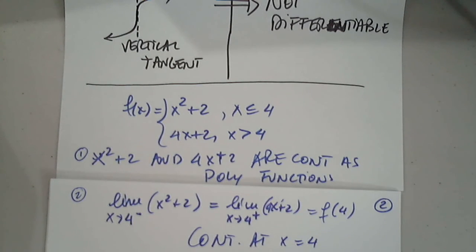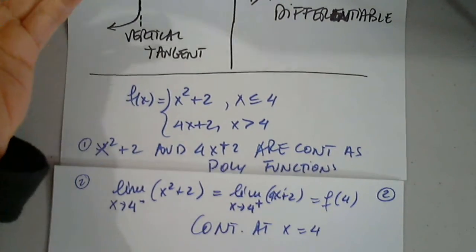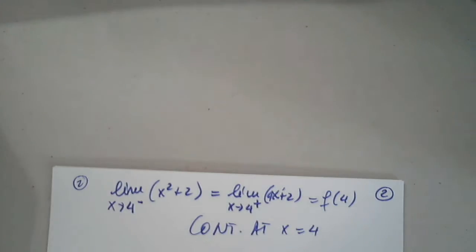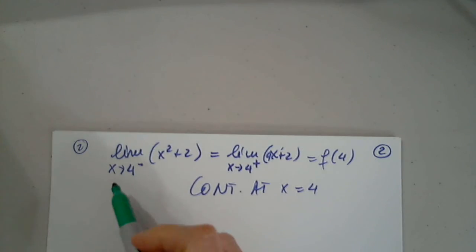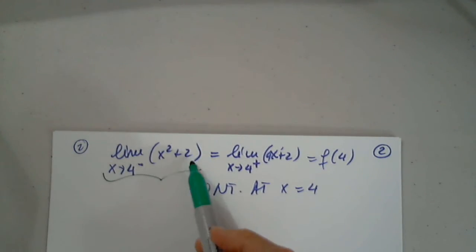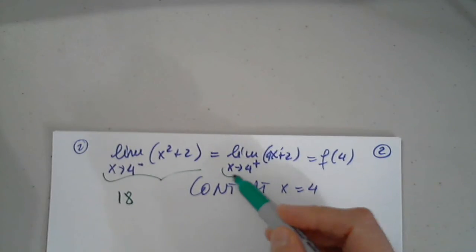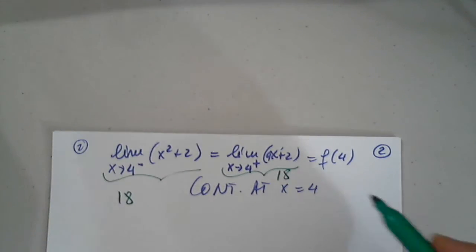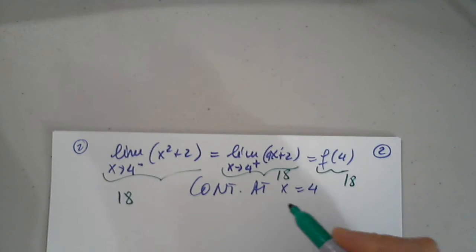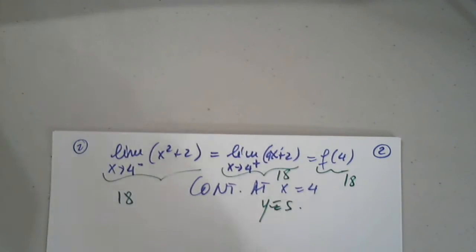Is that okay with everyone? That's the definition of continuity at a point. The left-hand side is 16 plus 2, which is 18. The right-hand side is 16 plus 2, which is 18, and f of 4 is also 18. So I will say definitely yes.